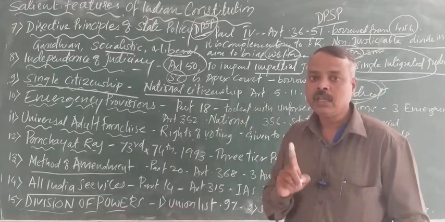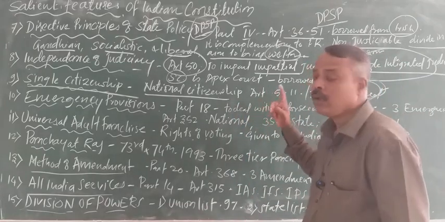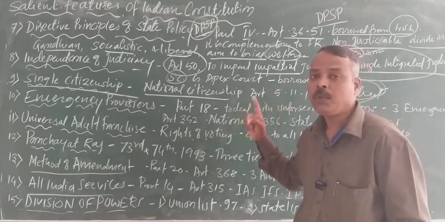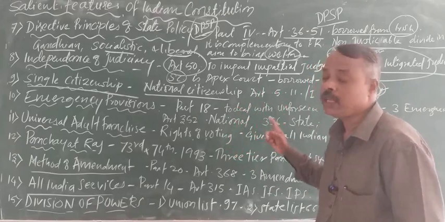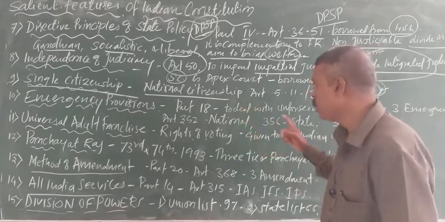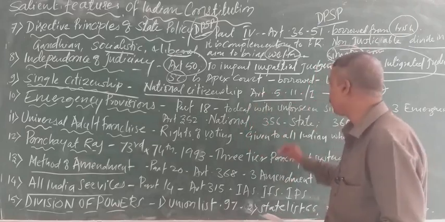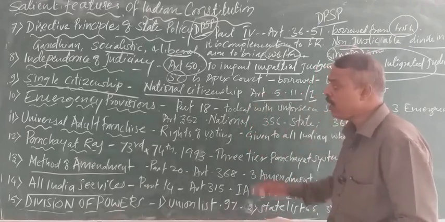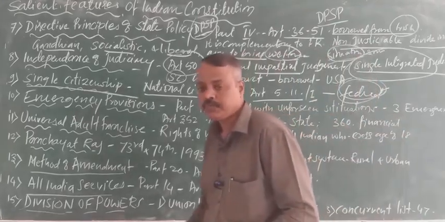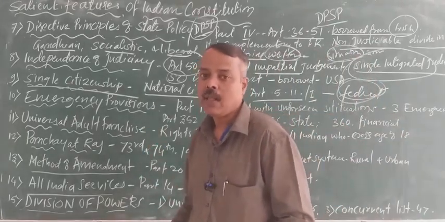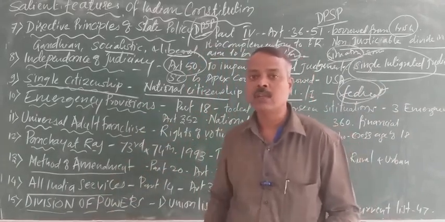Article 1 of the Indian Constitution says that India shall be a union of states. It never mentions that it's a federation, but it mentions a union of states. So it is a union. Articles 5 to 11 of the Indian Constitution, under Part 1, deal with citizenship. Here we can see two methods of citizenship.